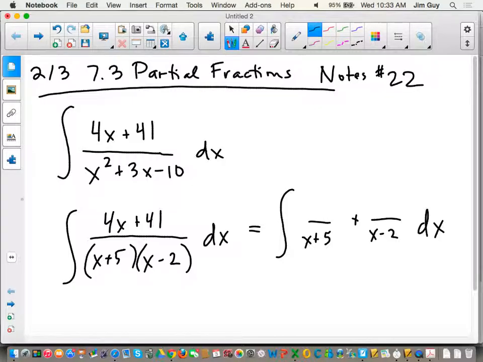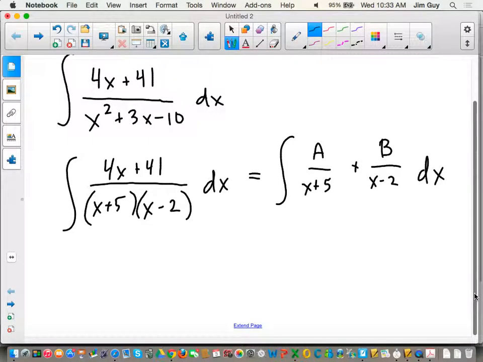But there is a way to figure out what should be here. So we'll just let that be A and let that be B for now, because we'll find out what those values should be in order for this to be equivalent. If I was going to go backwards, I'd get a common denominator. The first one is only x plus 5, so I'd have to multiply the top and bottom by x minus 2.